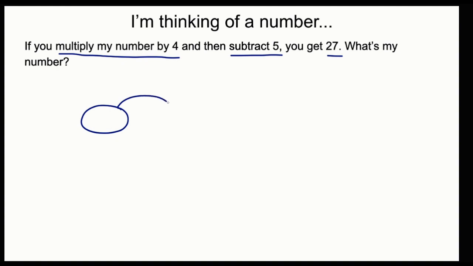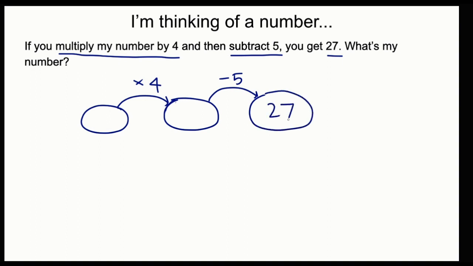But I know that if I multiply this by 4, I'm going to get something else, and I don't know what that something is, but I know that if I then subtract 5, I will get 27.